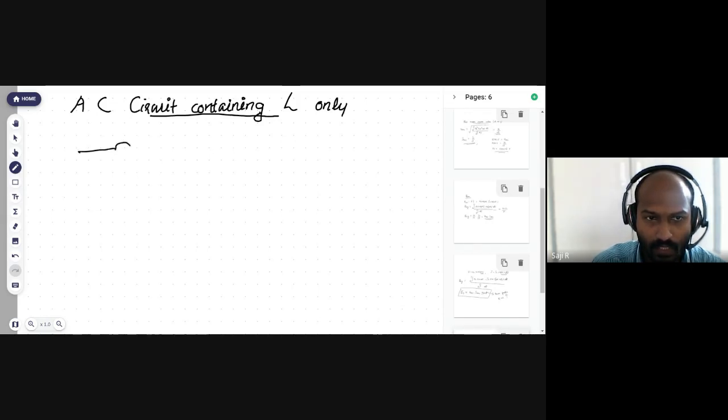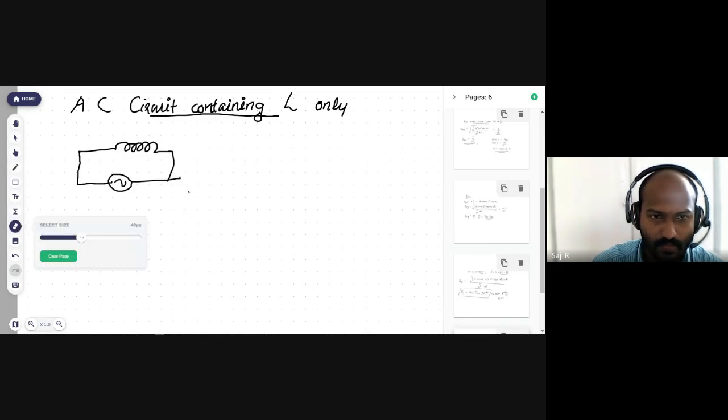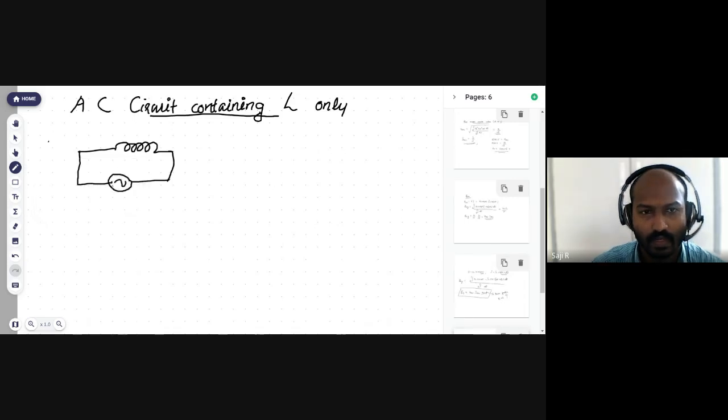This circuit contains an inductor which is connected across an AC voltage. So this is the applied voltage.